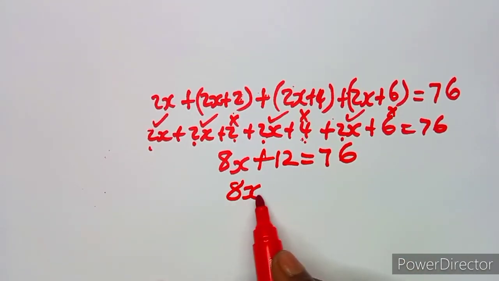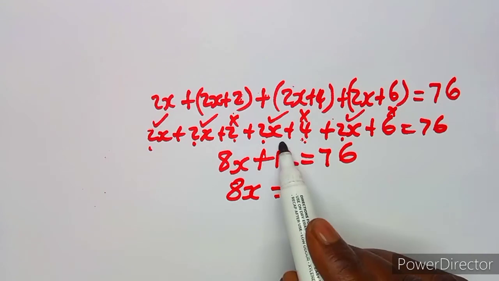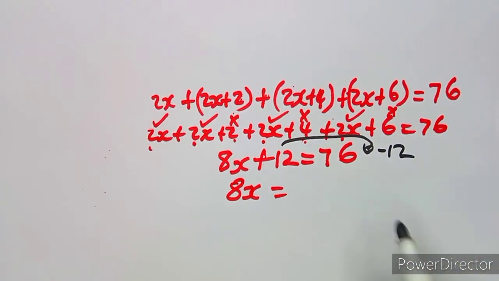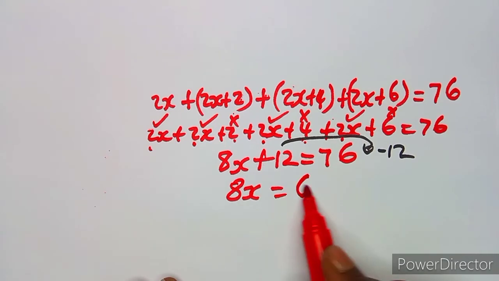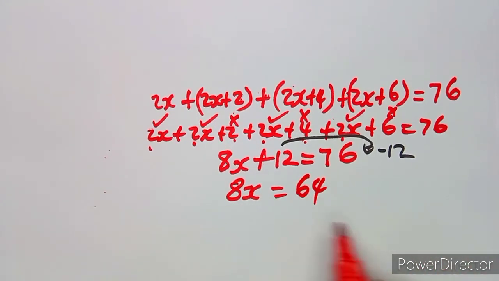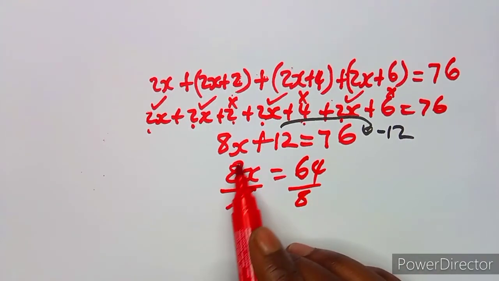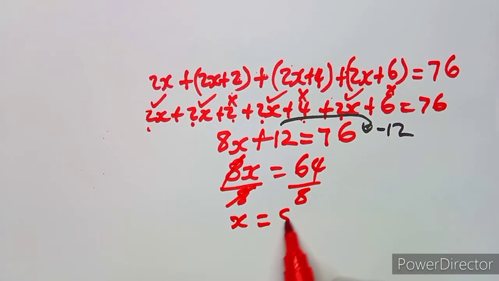So that's 8x is equal to, so you can actually transpose here, 12 to this side is going to be minus 12, so it's going to be 76 minus 12, which is actually 64. So to find x, you can divide by 8, so that means our x is going to be 8.